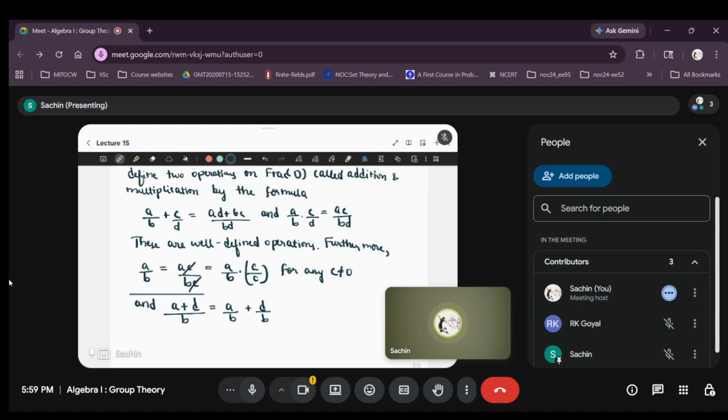We are saying if you define these things to be equivalence classes instead of simply a fraction, it's actually the equivalence class of all fractions related by that relation that we had in the beginning. Then you can also write this.